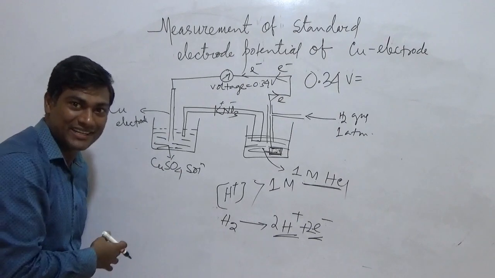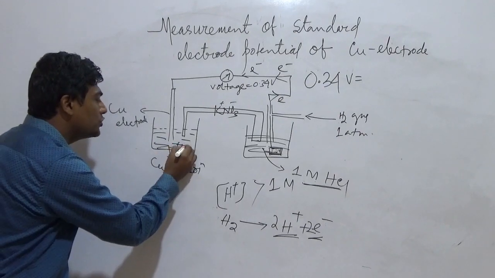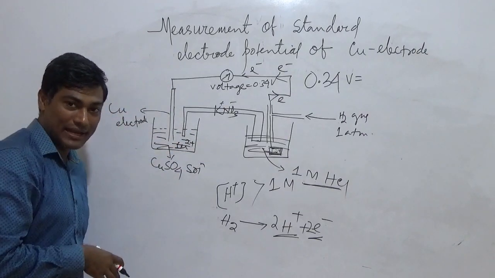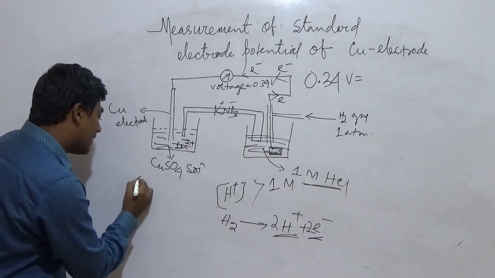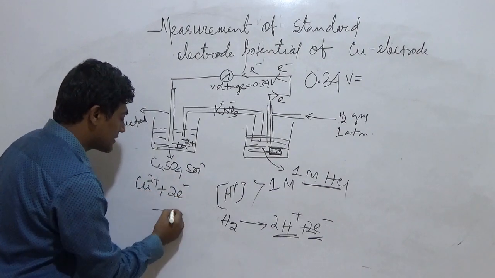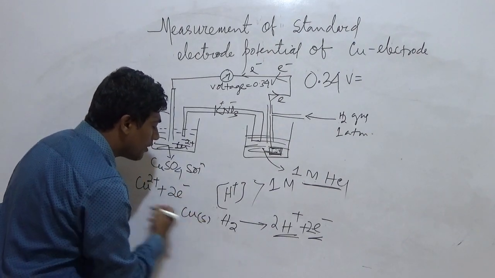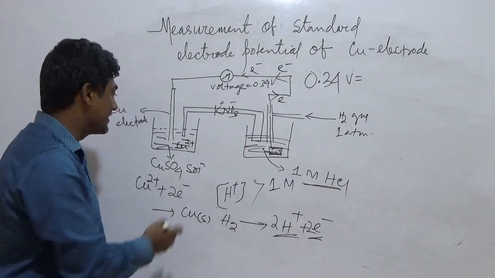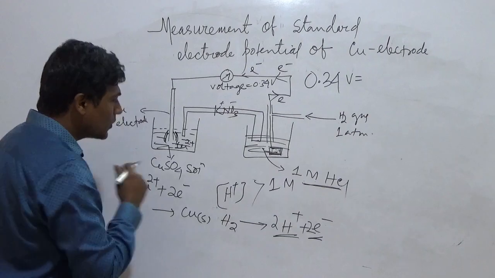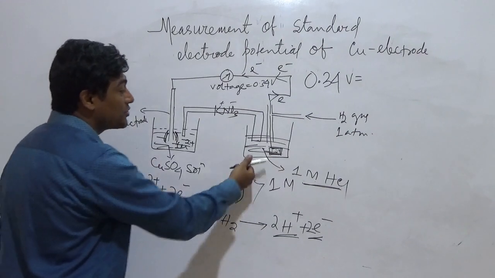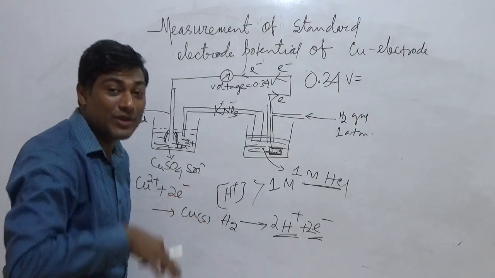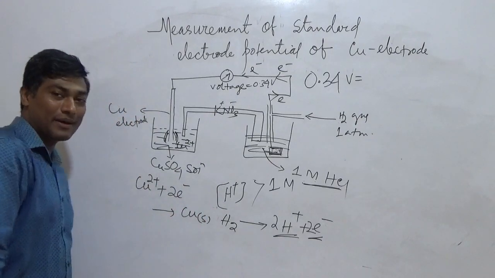So how are the electrons received? The Cu2 plus ions present in this electrolytic solution receive the electrons, 2e minus, and 2e give copper, which is deposited here. Did you get me? So the electrons are produced in SHE, flow through the wire and are received in the copper chamber.